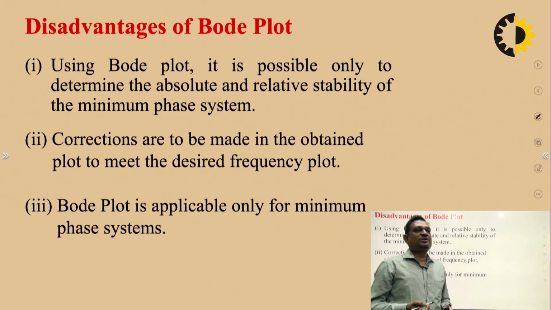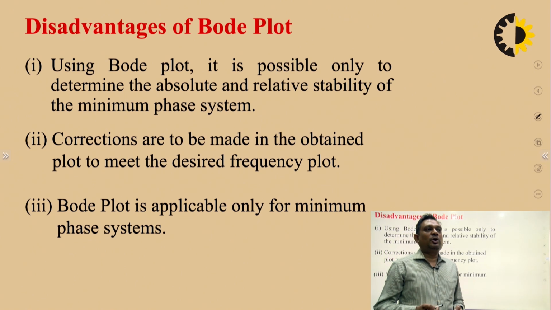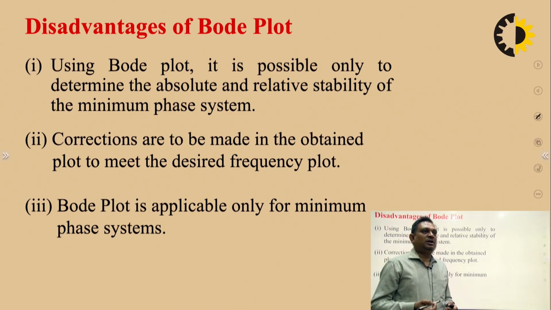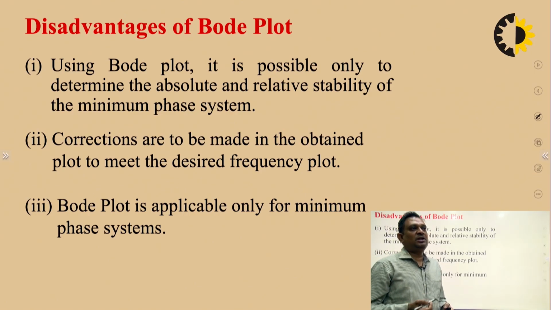For non-minimum phase systems, wherein a pole or zero is lying in the right half of the S-plane, we cannot draw the Bode plot. And corrections are to be made in the obtained plot to meet the desired frequency plot. Means the plot that we have obtained using the Bode method is basically the asymptotic Bode plot.